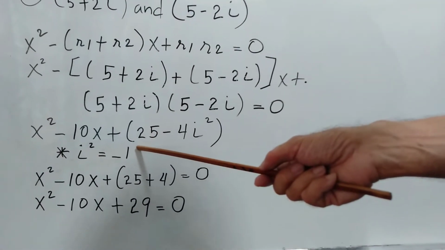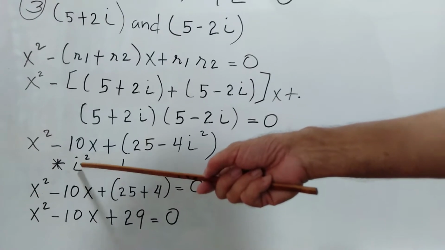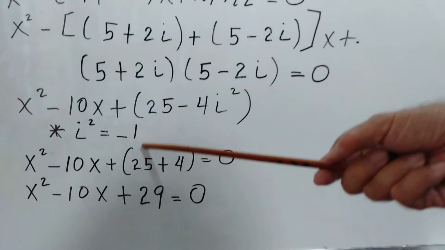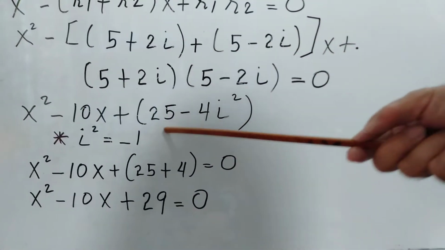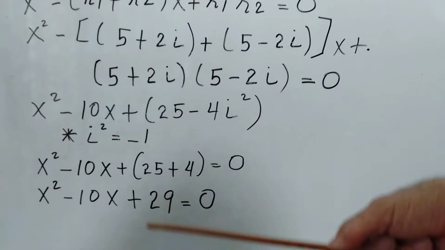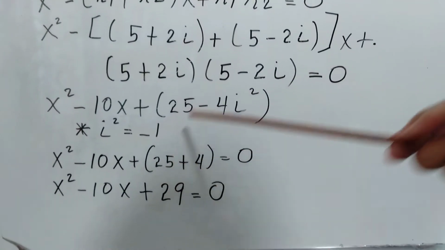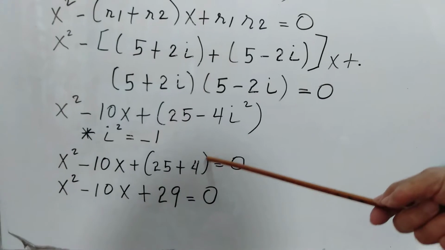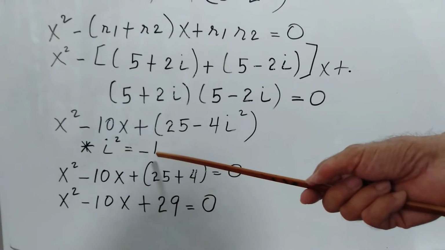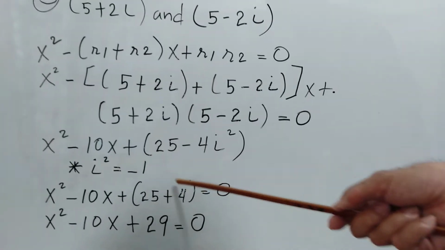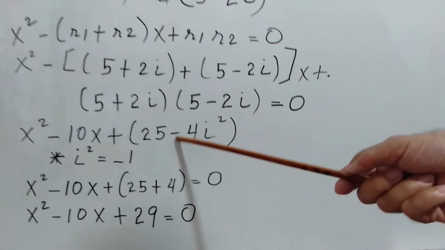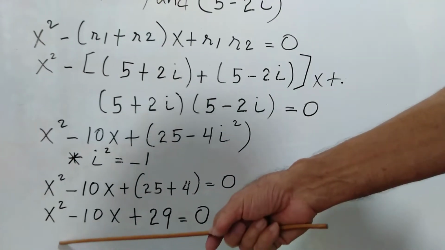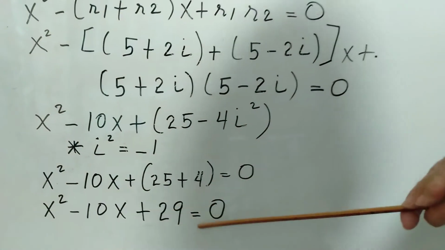Always remember that i squared is equal to negative 1. So this equation becomes x squared minus 10x plus parenthesis 25 minus 4 times i squared, that will be 4 times negative 1, negative 4. So the sign of operation is negative, and negative with negative is positive 4. So our final answer is x squared minus 10x plus 29.